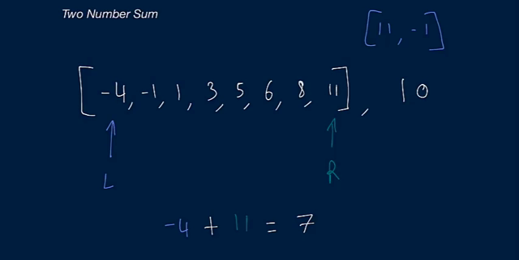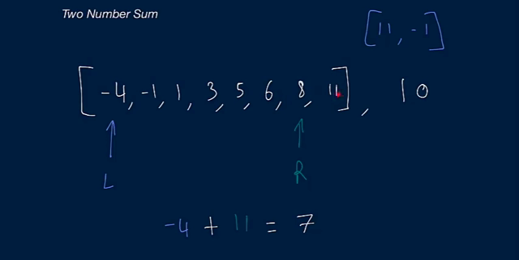But what we can say now is, we know that 7 is less than 10, right? And if 7 is less than 10, and all of our numbers here are in sorted order, then what would happen if we were to move the right pointer? Well, if we were to move the right pointer to the left, right here, to this 8, we know that this 8 is less than 11 because the array is sorted.